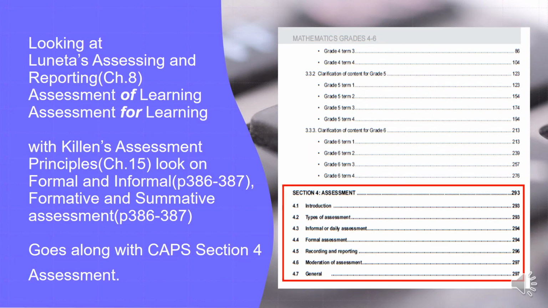Okay, let's look at the fourth section, which is assessment. Right at the end of your semester, they look at assessment according to Luneta, assessment and reporting, chapter 8, which covers assessment of learning and assessment for learning, and according to Killen's assessment principles, chapter 15, they look at formal and informal, formative and summative assessments, which goes along very well with section 4 of CAPS.